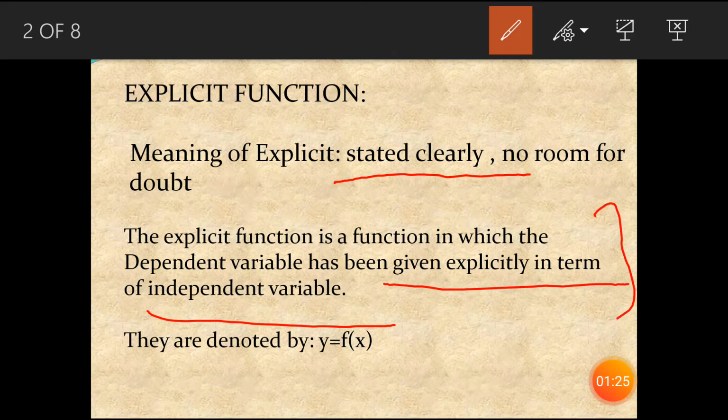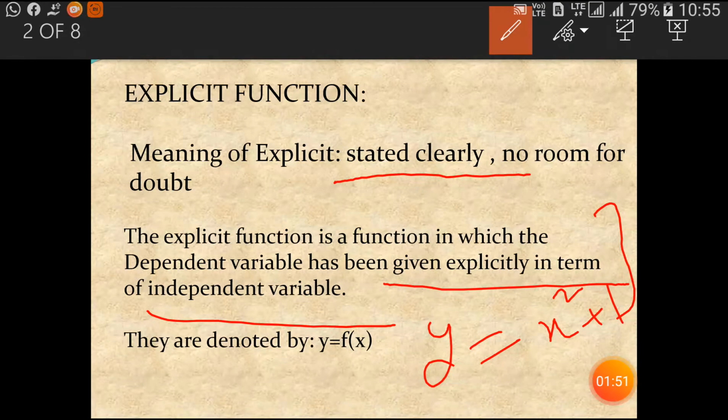This is the definition of an explicit function. You can understand it in such a way that the dependent variable, suppose y is the dependent variable, can be easily and clearly expressed in terms of the independent variable. It means y is on one side and x is on the other side, and it is clearly defined.